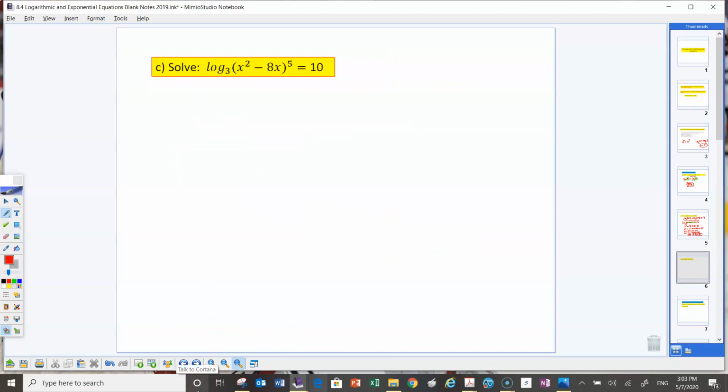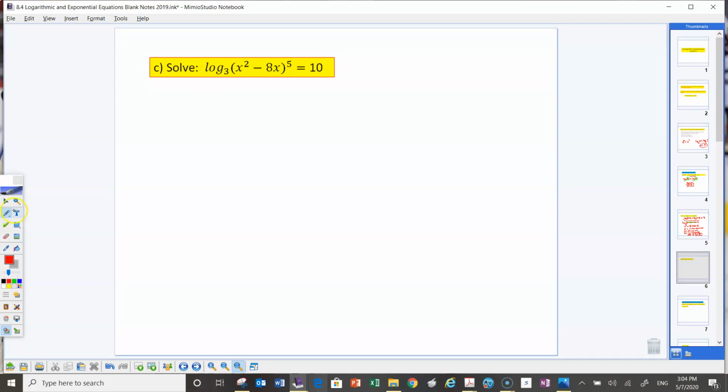Okay, in our third example, what we can do, first of all, is I can bring the 5 out front using our power law. Now I can divide both sides by 5.